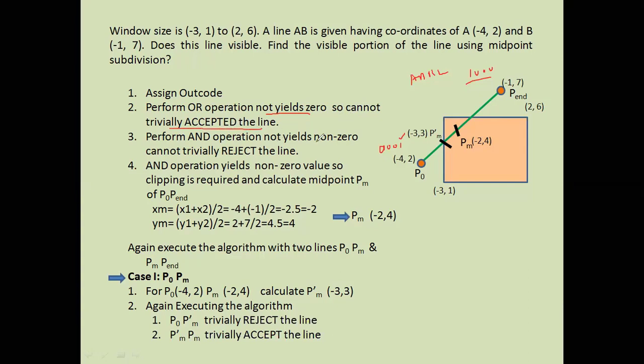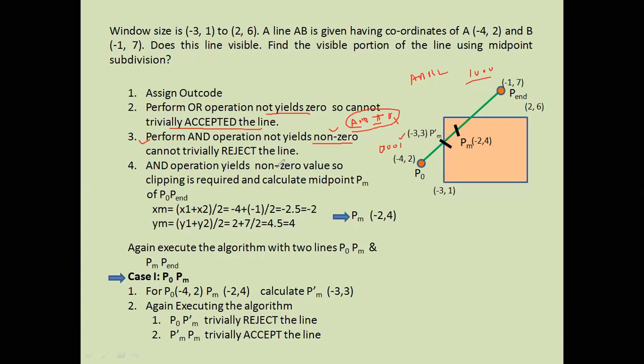If the AND operation is not equal to 0, then it means the line is lying completely outside the visible region. So it is also not so, and we cannot trivially reject the line.